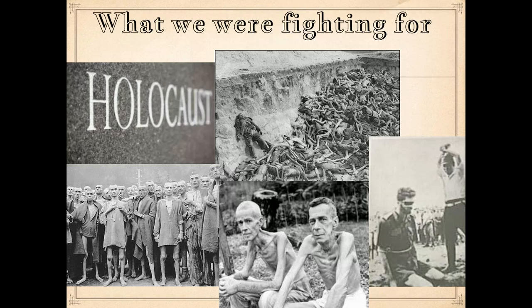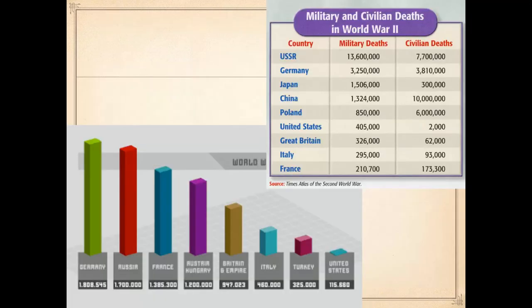Kind of comparing this to World War I, as you can see, here are some of the World War I numbers compared to World War II. In terms of military deaths, the Soviet Union had 13.6 million deaths in World War II. If you look back to World War I, you have 1.7 million. So obviously World War II was much more devastating.